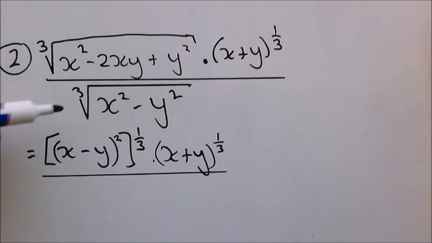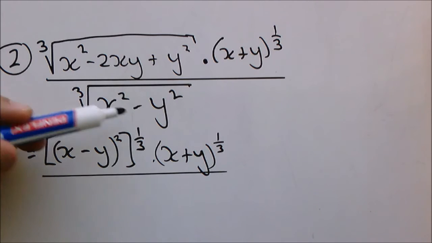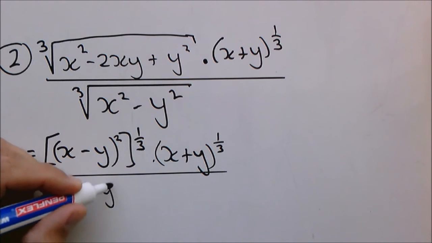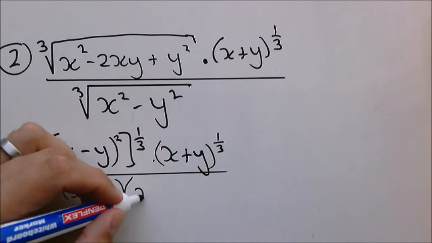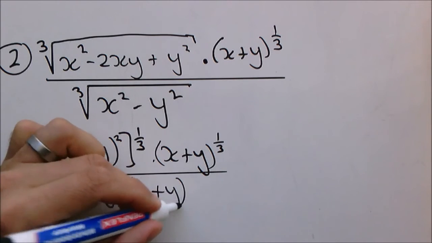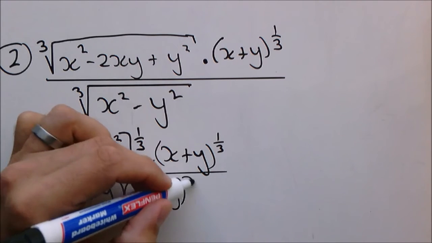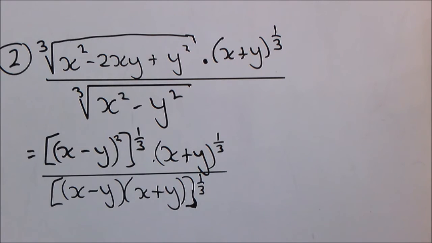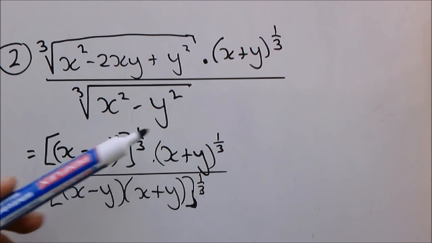So over here we have a third root as well. X squared minus y squared is the difference between squares. So as a denominator we've got x minus y in the bracket times x plus y, and all of it to the power of a third. So the exponents, all of them to the power of a third.